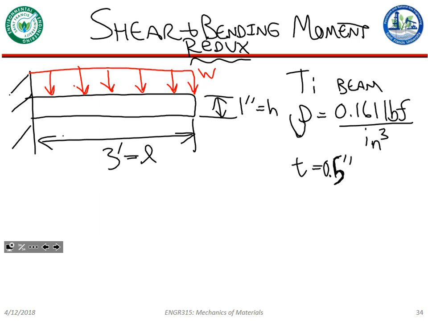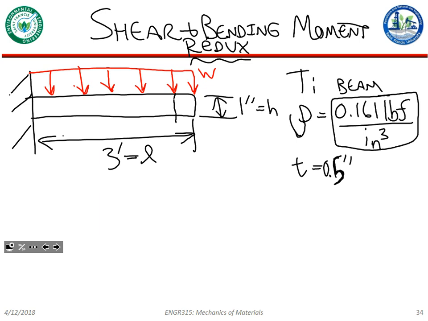So in a sense, I want to find out, how do I want to say this? I want to find out from this density how much a cross section of this beam will weigh.